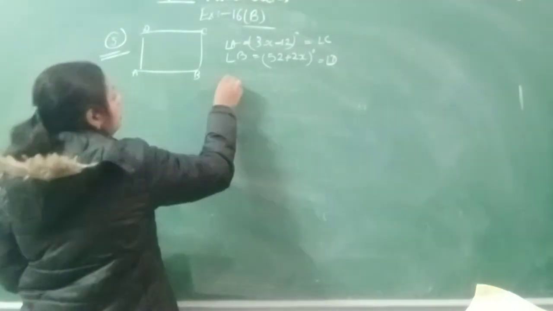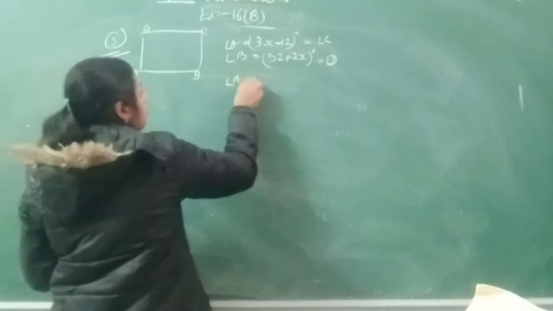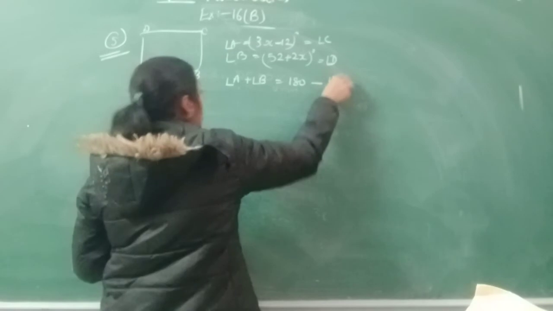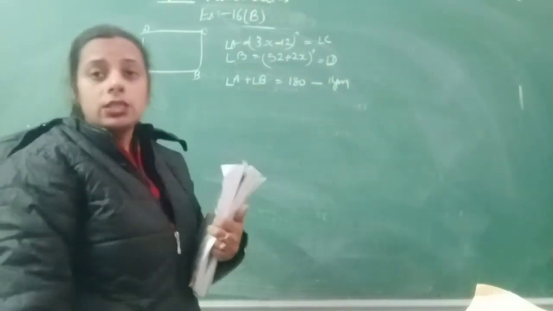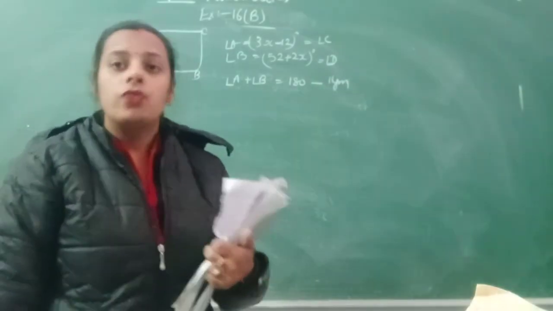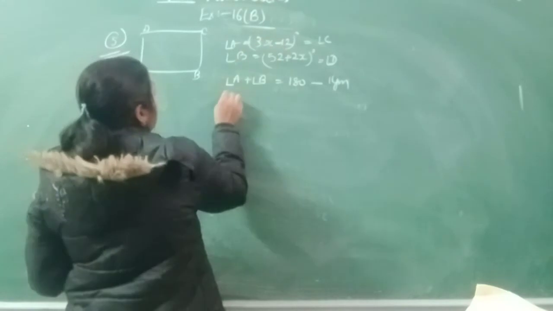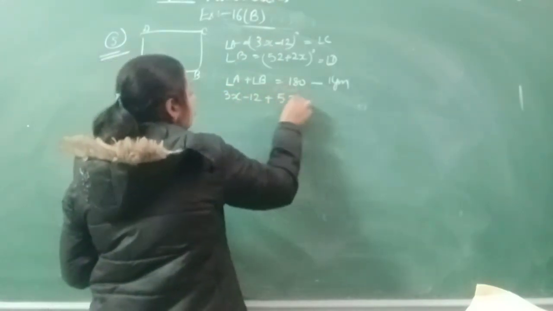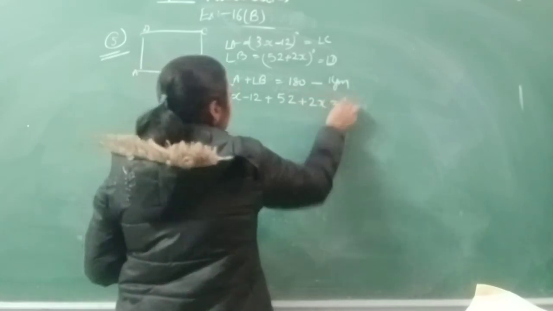As we know that angle A plus B is equal to 180 degrees, because in a parallelogram the sum of adjacent angles is equal to 180 degrees. So I put the value of A, that is 3x minus 12, and the value of B, 52 plus 2x, equal to 180.